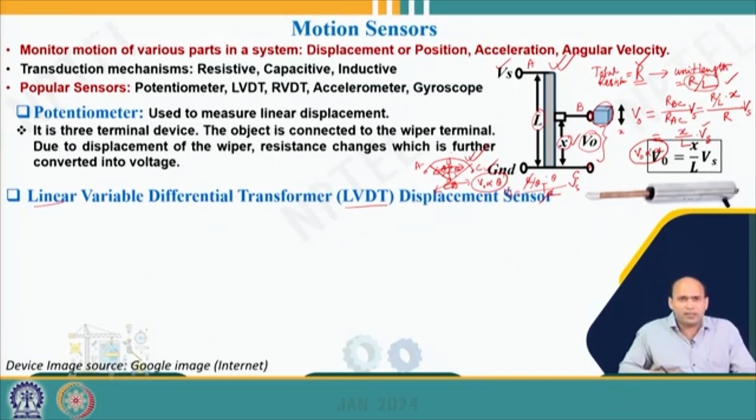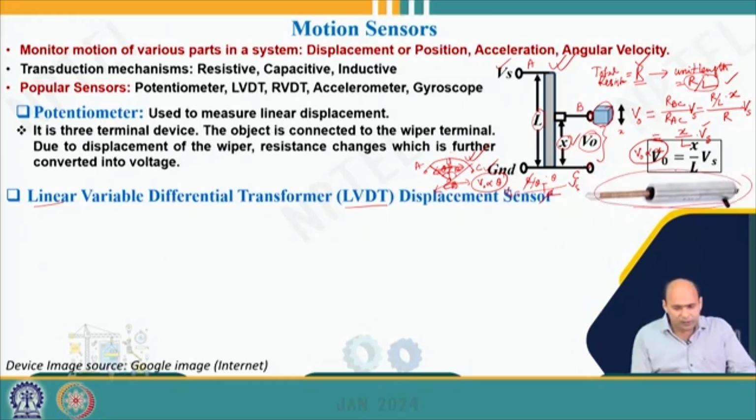Variable means if I vary the displacement, then it will produce the electrical output voltage. Now differential transformer: its construction is kind of a transformer, but not a straightforward simple transformer, it is a differential transformer. That is the meaning of each term, linear, variable, differential transformer, and it typically looks like this kind of device.